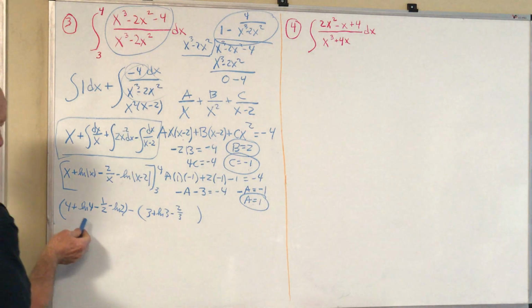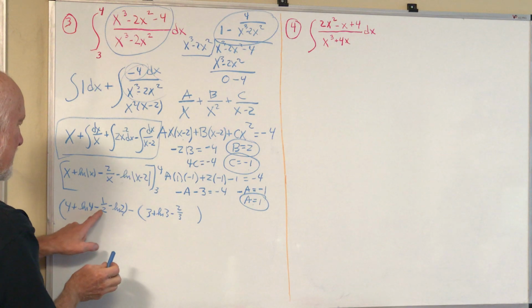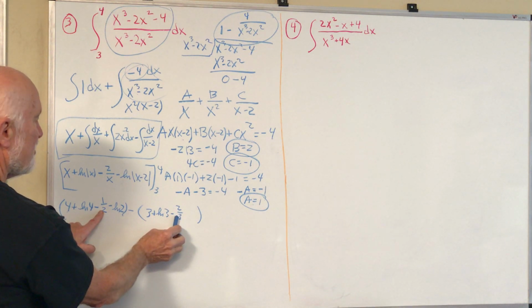So for as far as numbers, I have 4 minus 3, so that's 1, minus a half and plus 2/3, so that's plus a 6.